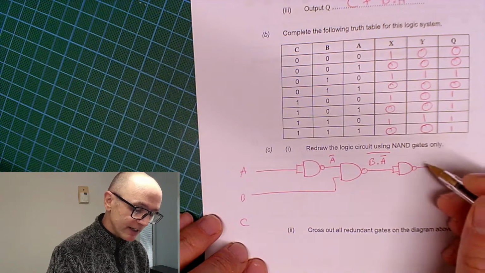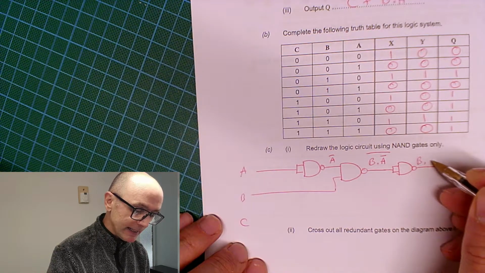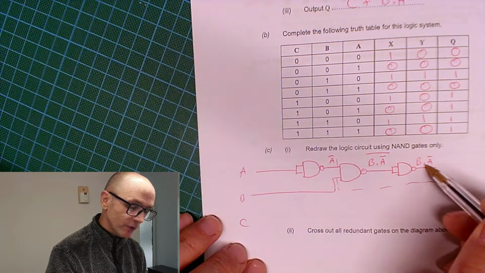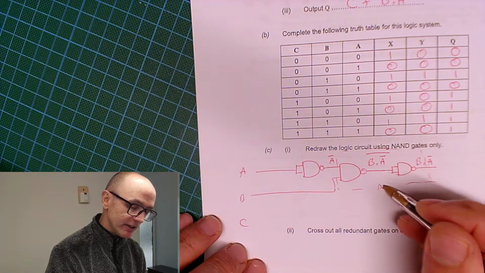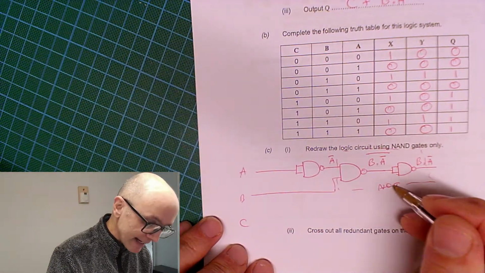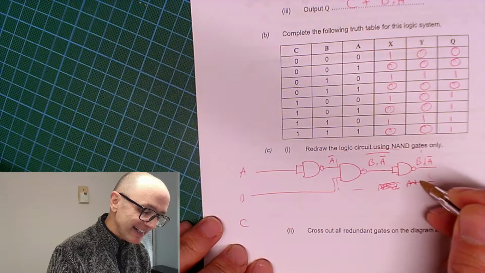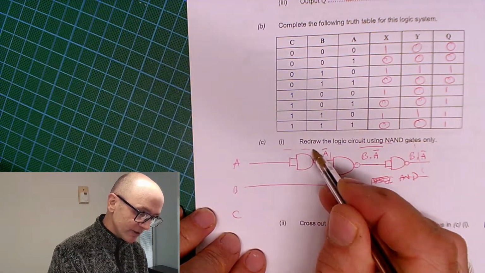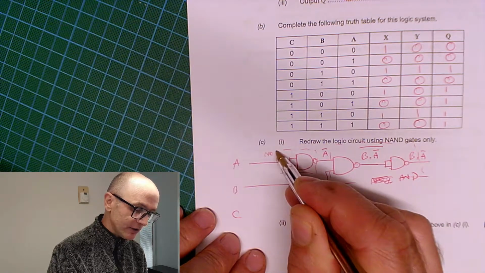Okay, so that now gives us B and not A at that point. So these are equivalent to an AND, whereas this is equivalent to a NOT.